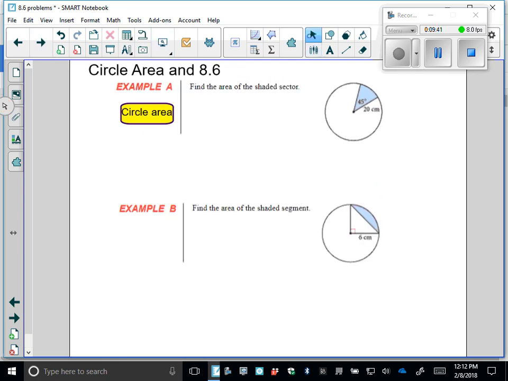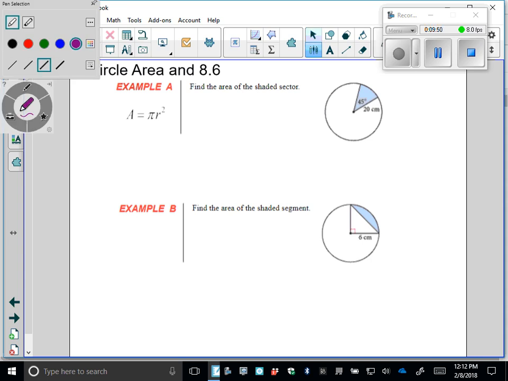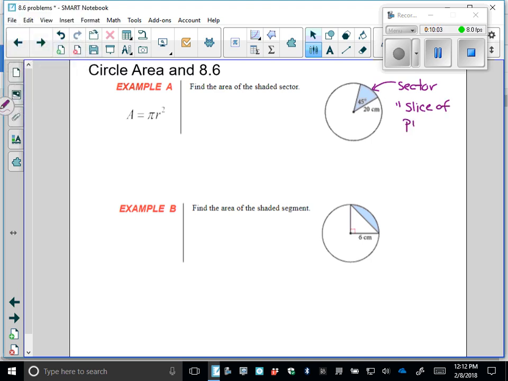So we need to keep in mind what circle area is, but it's also a different look of a problem, because this sector, that's called the sector, it's just like a slice of pie. So it's part of a circle. So we're going to use ratio and proportion.